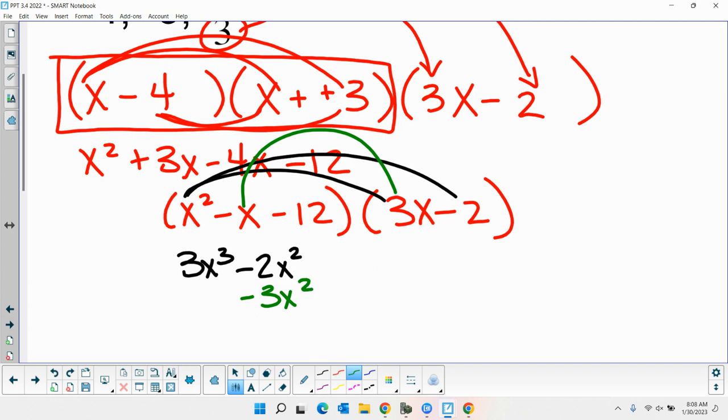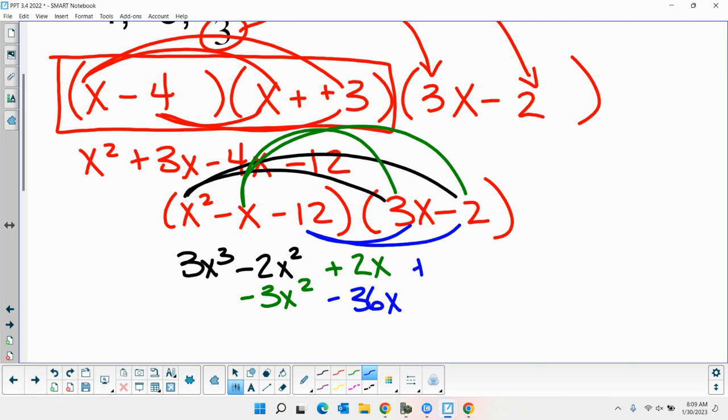So I'm going to put it under that one since they're like terms. And then negative x times negative 2 is positive 2x. So there's 2 more of them. That's 4 of them. I need 2 more because I got to go negative 12 times 3x, which is negative 36x. So I'm going to put it under the x because they're like terms. And then negative 12 times negative 2 is plus 24.